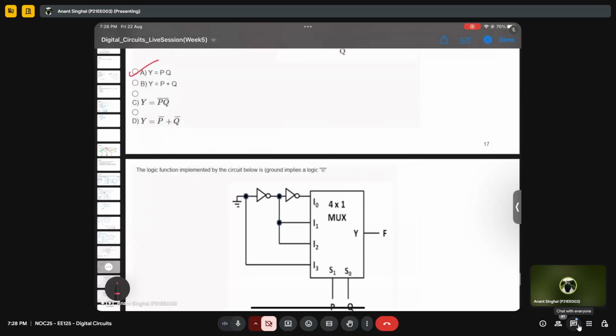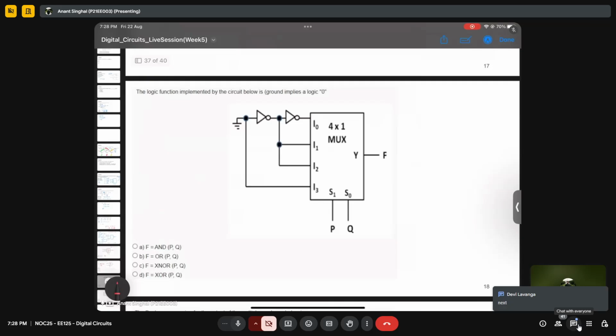Let's move to the next problem. It says the logic function implemented by the circuit is what?